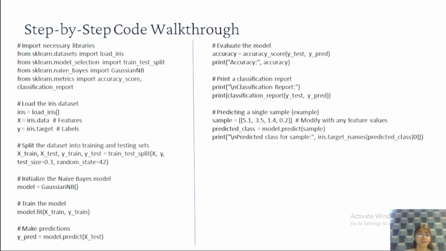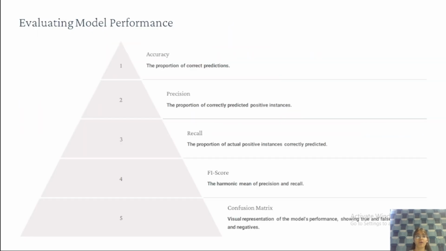Now we train the model with model.fit(X_train, y_train), then make the predictions, then evaluate the model with accuracy and print the value of accuracy. Here this is an example walkthrough of Naive Bayes. Now we are evaluating model performance based on accuracy, precision, recall, F1 and the confusion matrix.